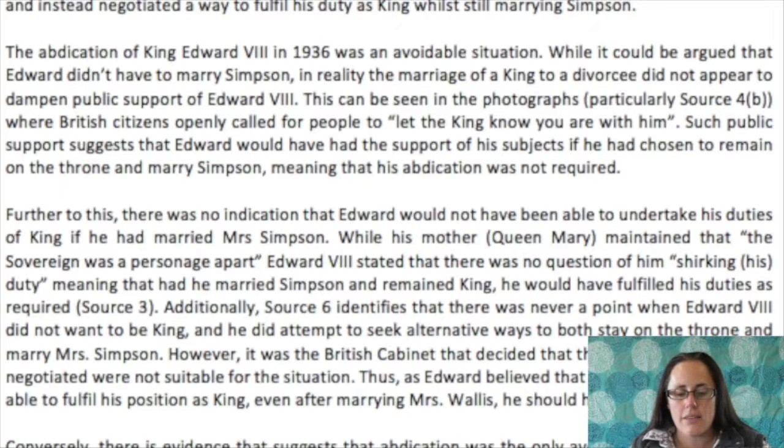So if you look at the first paragraph, it agrees with the statement. Your first paragraph always agrees with the statement that's given. And in this case, I've decided that Edward VIII shouldn't have abdicated because there's quite obvious evidence that he was still supported by the general public, and this is seen in the photographs that are given, especially the 4B, where there's someone holding up a sign saying "Support your king.